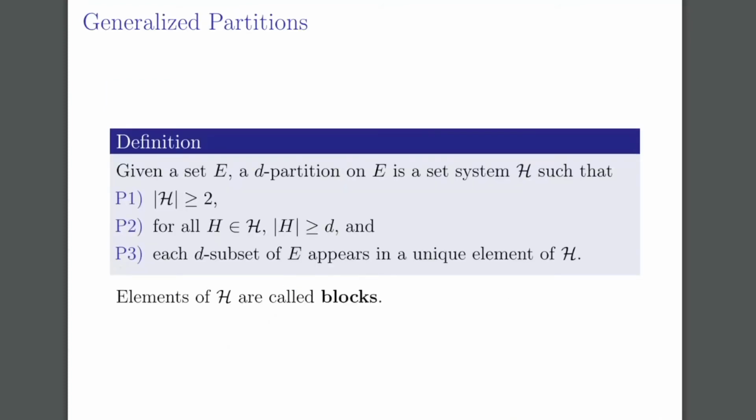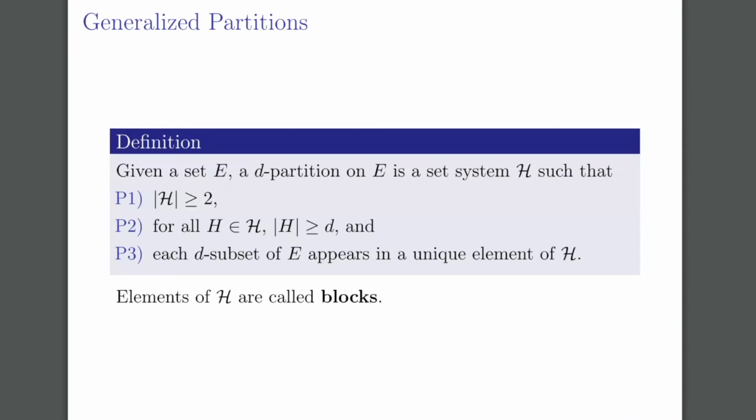So what we're going to work with is something called generalized partitions. This is like a partition, except we're not partitioning a set E, we're going to partition the subsets of E of size D for some fixed D in a certain way. This is why they're called generalized partitions, but I'll call them d-partitions for the remainder of the talk.